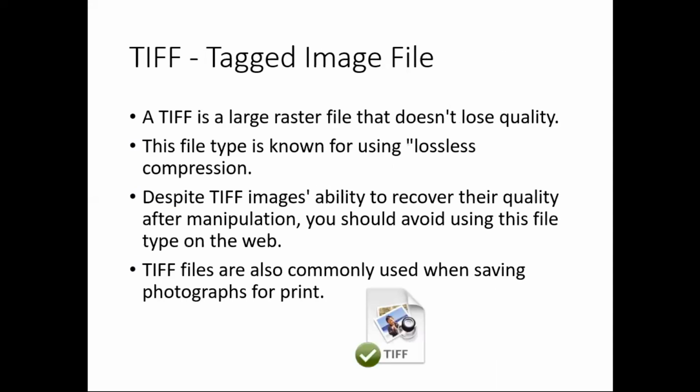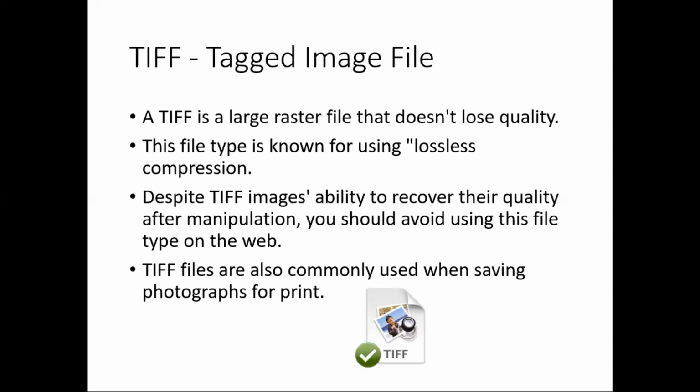Then TIFF. TIFF means Tagged Image File Format. It is another raster image type, right? It has a lot of quality, the quality is very high. Then the file size is very large, right? This TIFF file type is mainly used for printing purposes.